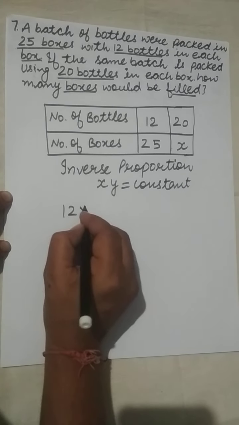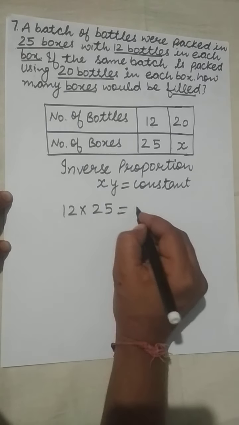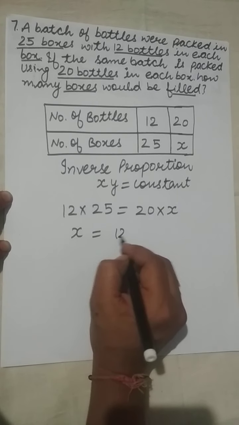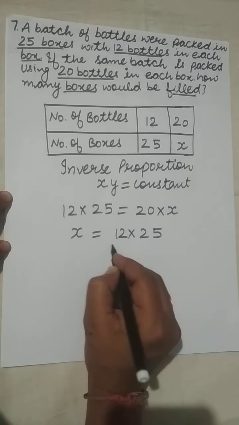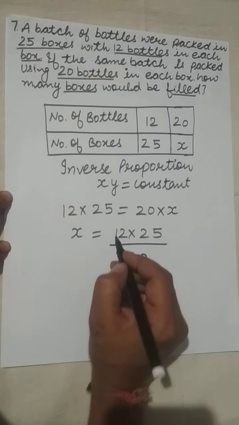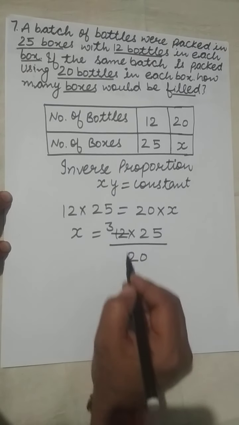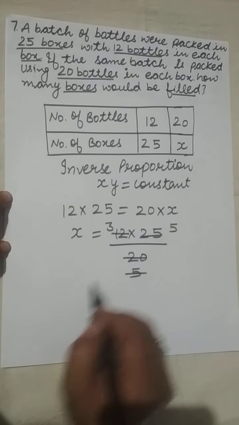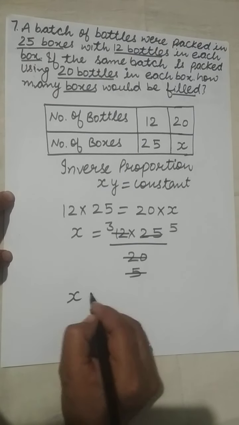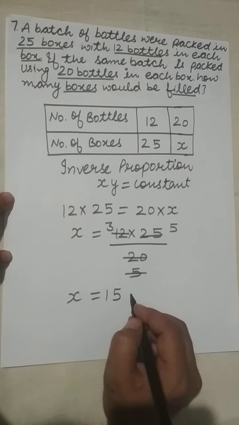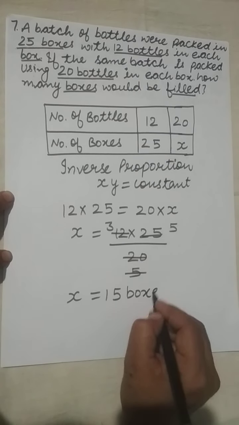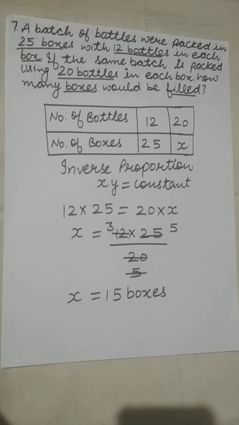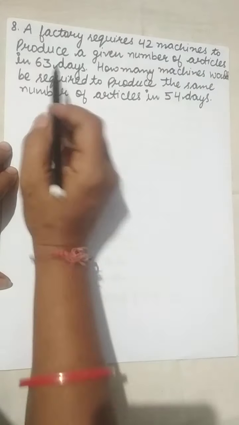So 12 multiplied by 25 must be equal to 20 multiplied by x. x must be equal to 12 multiplied by 25 divided by 20. 3 fours are 12, 5 fours are 20, 5 fives are 25. So x is equal to 15. It means 15 boxes are required to fill the bottles.